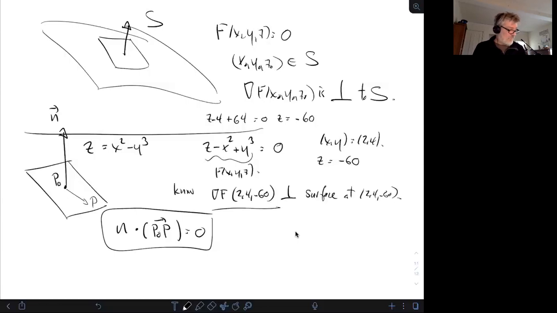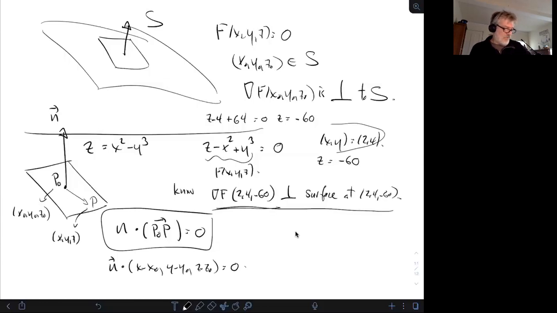So if this is x0, y0, z0, and this is your generic point x, y, z, it means n dot this is 0, right? How did I get 2, 4, minus 60?